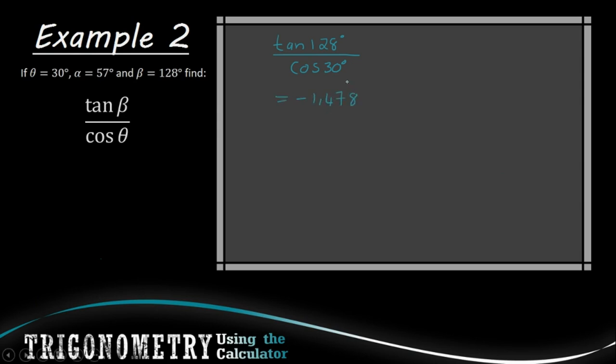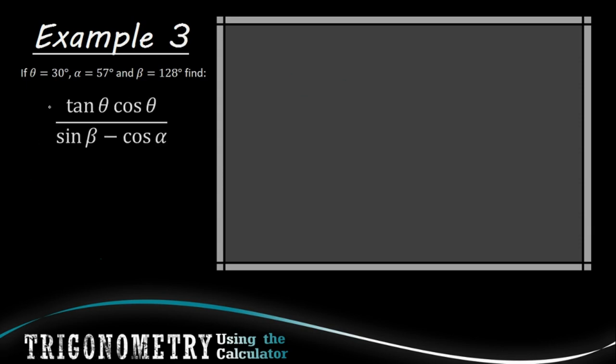Then for example 3, so this is now tan theta cos theta over sine beta minus cos alpha. So to substitute in our values, we start off with tan theta. Theta is 30 degrees, so 30 degrees, and cos theta, cos 30 degrees over, then sine beta is 128, minus cos of alpha, so that's 57 degrees.